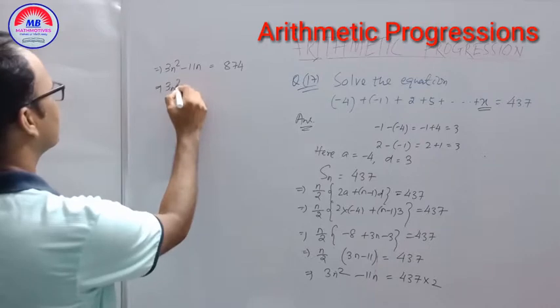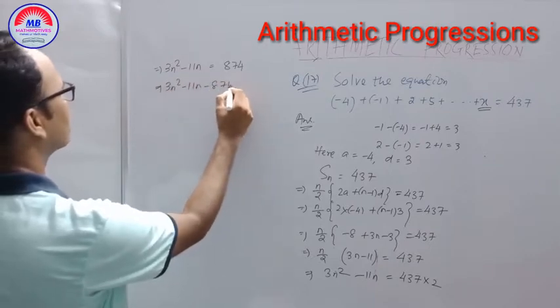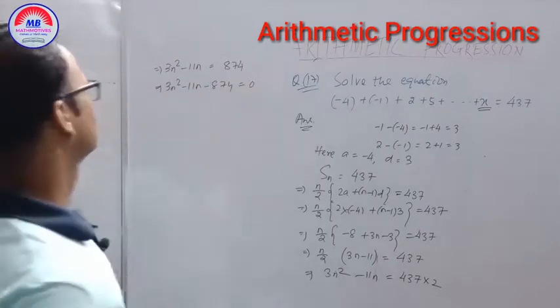So write 3n square minus 11n minus 874 is equal to 0.